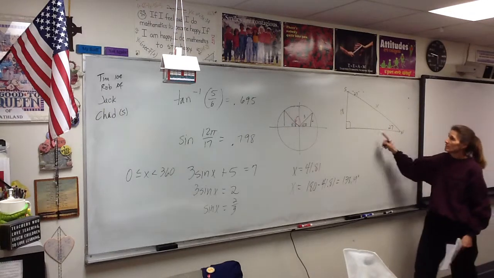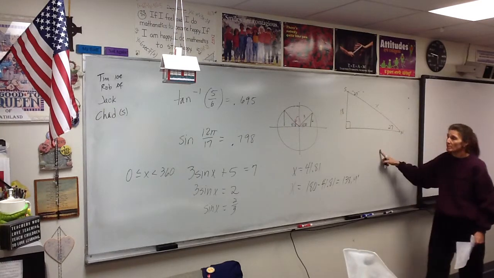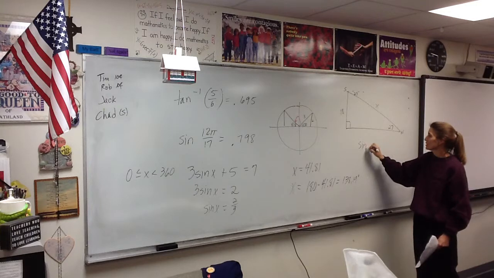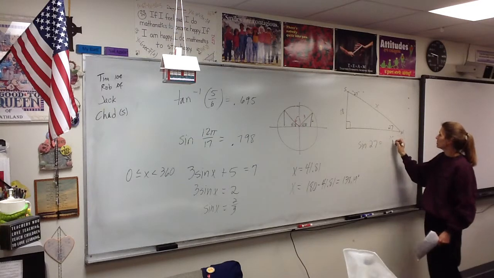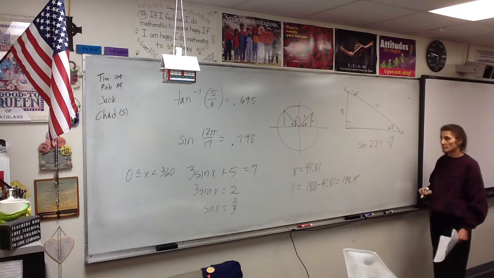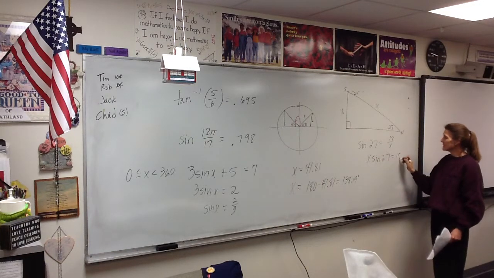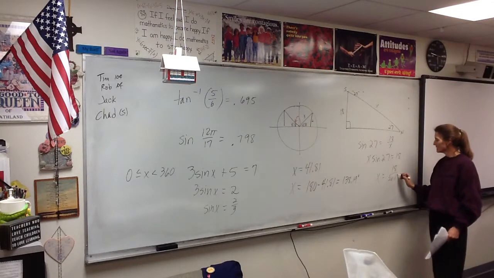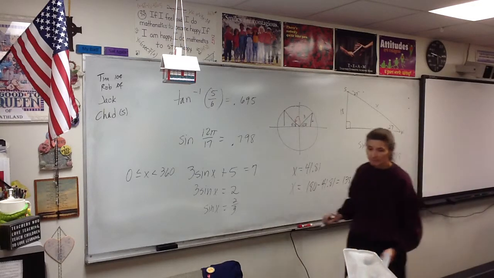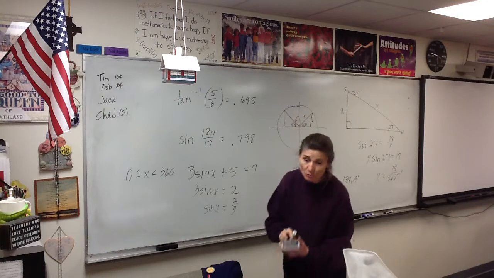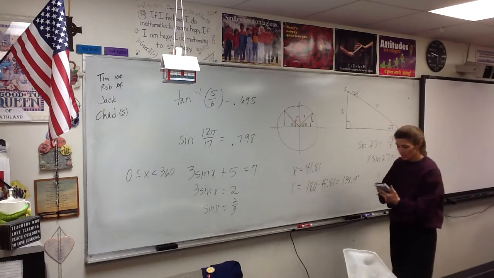Here's my angle. This is the opposite and the hypotenuse, so I will use the sine function. Sine 27 equals opposite over hypotenuse. X sine 27 equals 18, and x equals 18 over sine 27. I'm going to go ahead and figure out that answer. That is a degree measure, so make sure my calculator's in degrees.